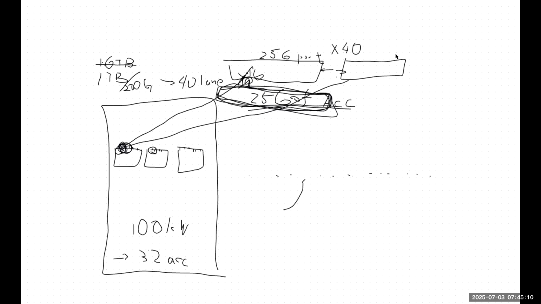So it's not necessarily a physical lane mapping to logical lanes; you can group however many physical lanes you need as the right granularity for you. Got it.